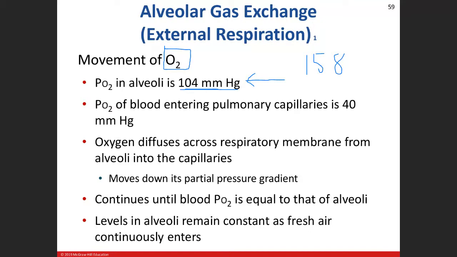So it's less in the lungs. Then we also know that the partial pressure of oxygen in the pulmonary capillaries is 40. So it's higher in the lungs than it is in the pulmonary capillaries. So that's going to promote movement through the pressure gradient from the lungs into the blood.